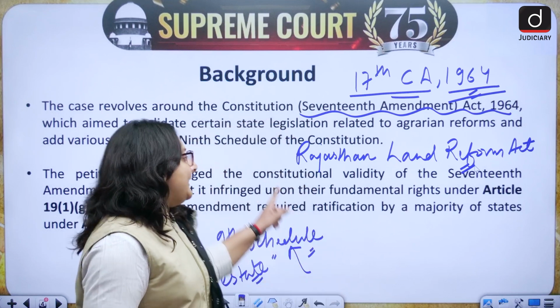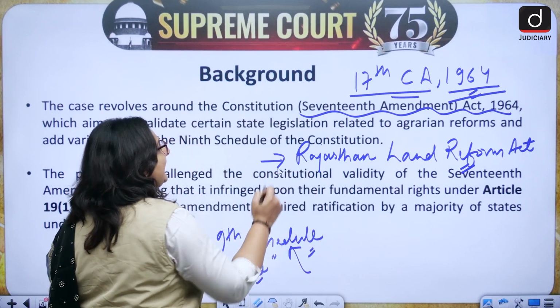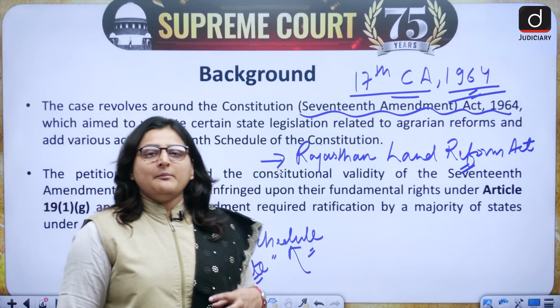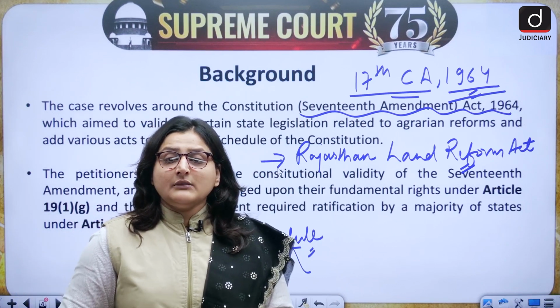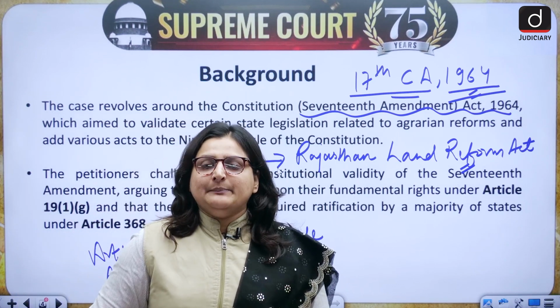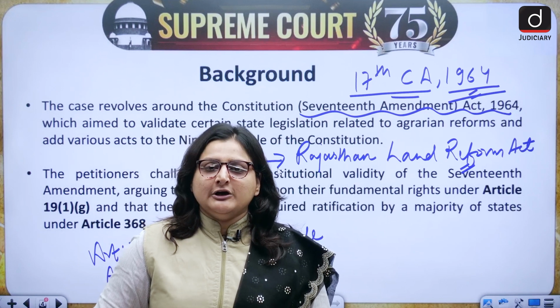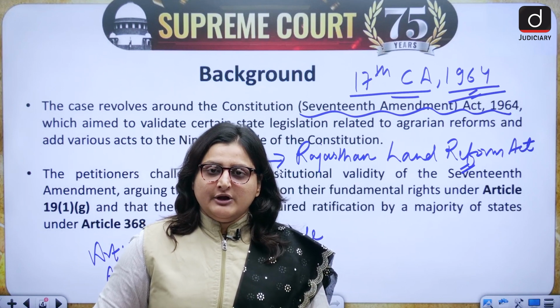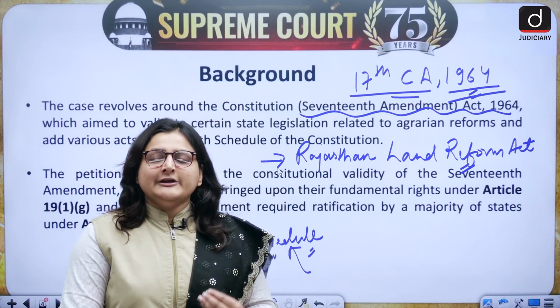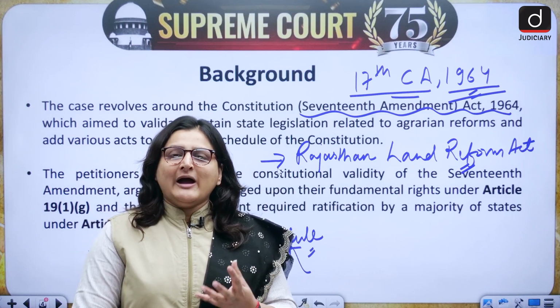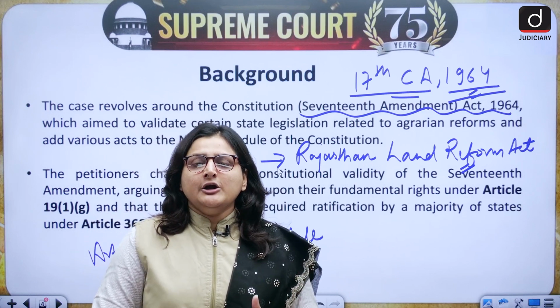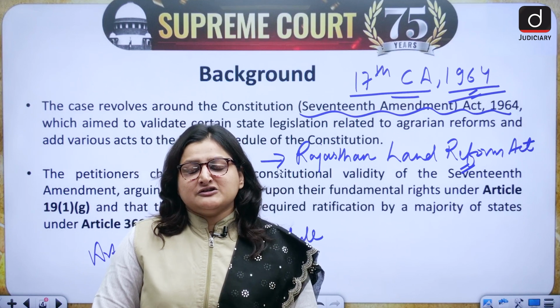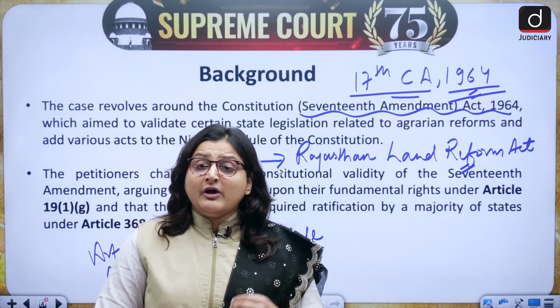And when this act was enacted, it empowered the government to acquire the land of the people and distribute it to the landless persons. It means from the zamindar, the government has the authority to acquire the land and distribute it to the weaker section of the society. And what happened?